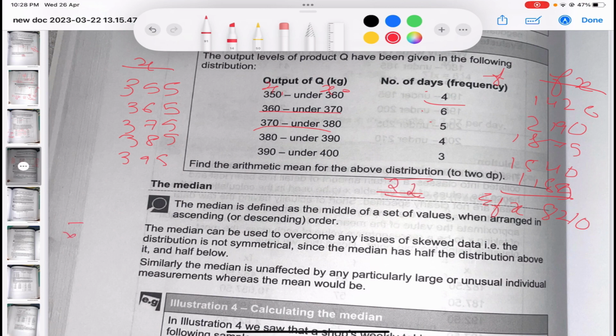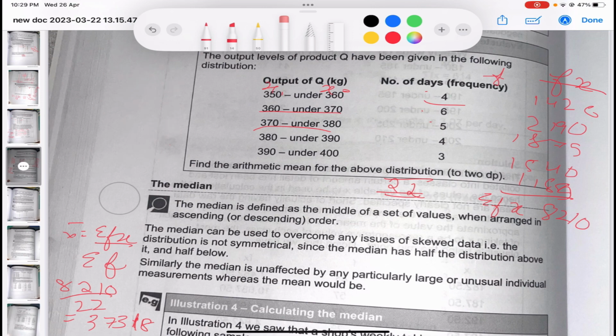So my mean is going to be summation of fx divided by summation of f, which is 8210 divided by 22. That would give me 373.18. Try to find out by yourself. If you haven't solved it yet, pause the video and try to solve it and check it with my answer.